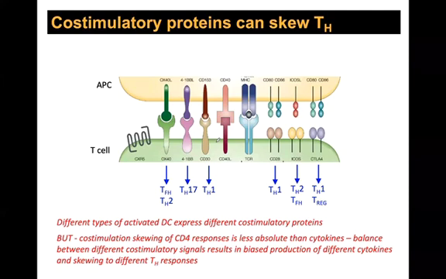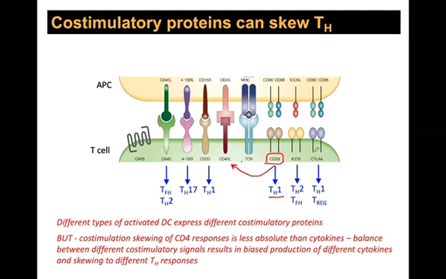Okay, so we talked about all the other costimulatory proteins, right? CD28 is the main costimulatory protein that will turn on CD40 ligand. That sort of biases the cells to have lots of proliferation. If there's very strong signals, it biases towards a Th1 response.